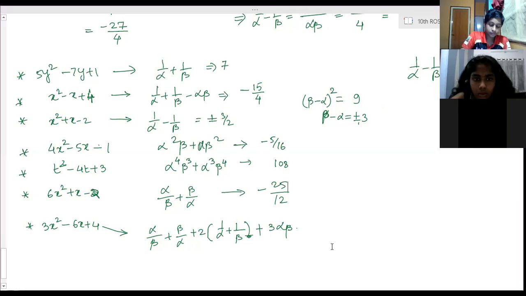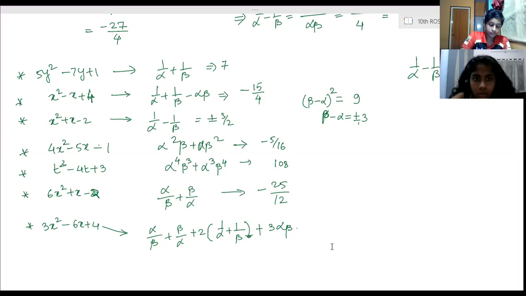Saptashi, which question are you solving? Ma'am, the 6x square plus x minus 2.